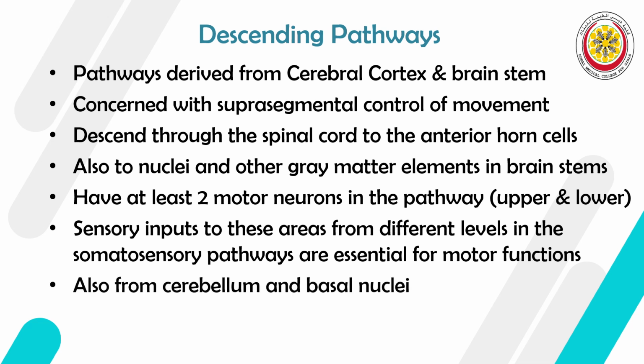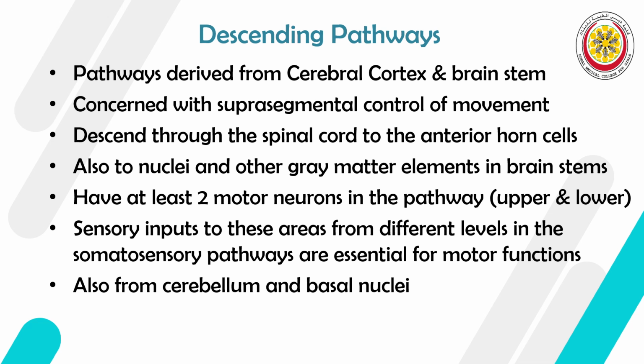Now, these areas from which we have descending pathways receive afferents. The afferents come to them from different levels in the somatosensory pathway. When we say different levels of the somatosensory pathway, we mean the ascending pathways, the thalamus, and so on, even the sensory cortical areas.